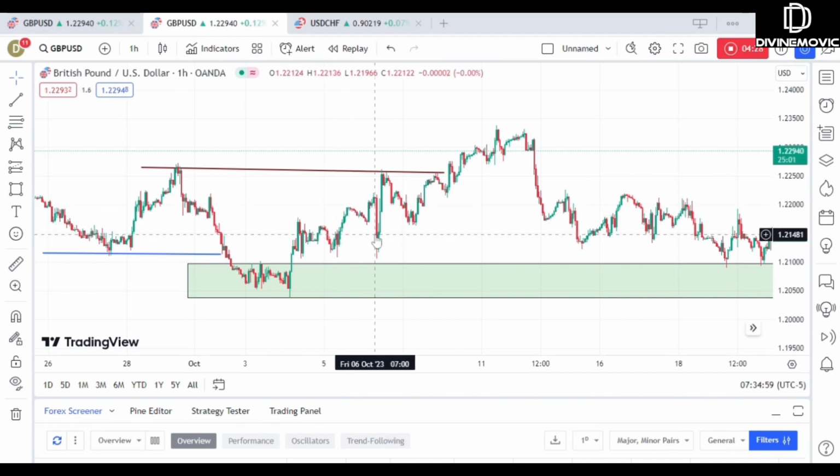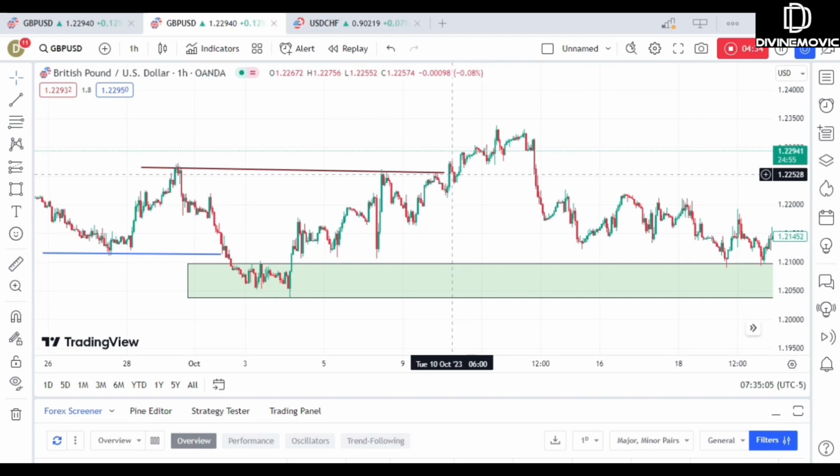They allowed price to come back to this zone, and then the buy came back, so price was respecting the series of order blocks here.